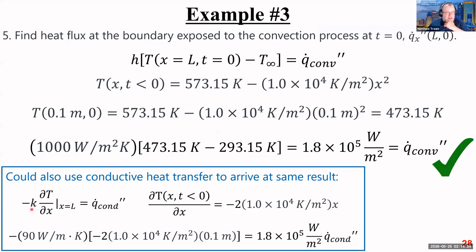So here I am just saying that, yes, Fourier's law at this spot is true. So the first derivative of temperature with respect to distance multiplied by minus k is going to give me the conductive heat transfer, which is the same as the convection at that spot, right? Both relative to the area.